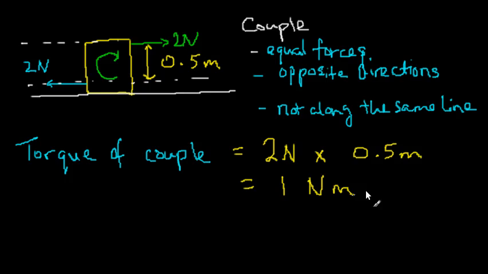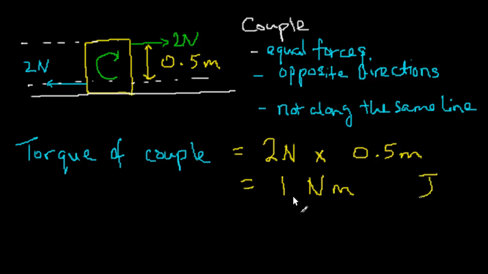Now remember that I said earlier that when you calculate work done and take force times distance, you also get newton meter, and in that situation, for the work done or energy, you can write newton meter as joules.